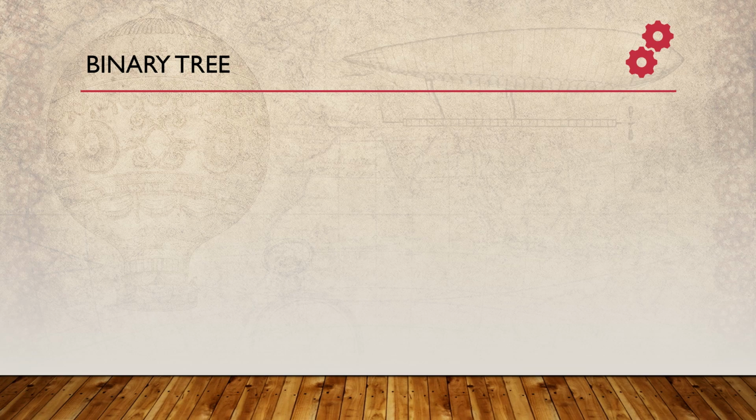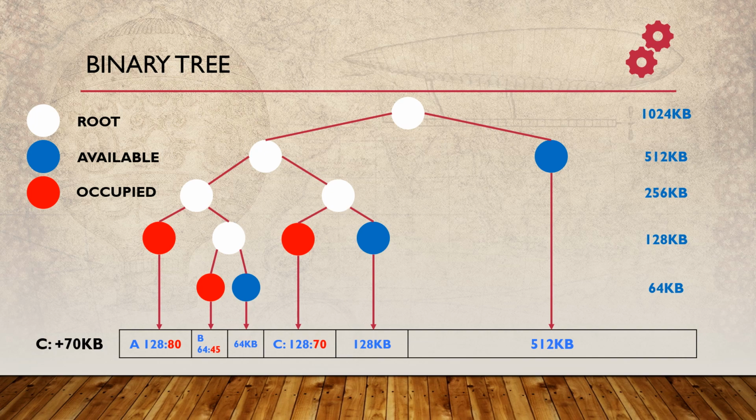The binary tree is used to quickly find blocks of memory of the right size to allocate to a requesting program, or to deallocate blocks of memory that are no longer needed. So now I would like to explain one example which will be using one row from the previous buddy system example.